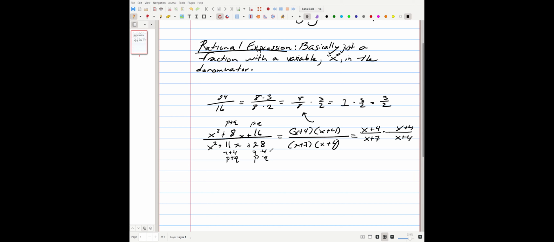And notice that anything over itself is just 1, so we have x plus 4 over x plus 7 times 1, which is equal to x plus 4 over x plus 7. And that's our rational expression written in simplest terms. So, cool.